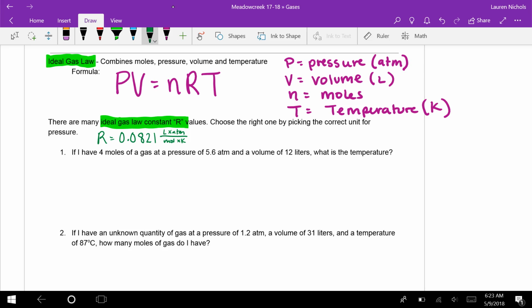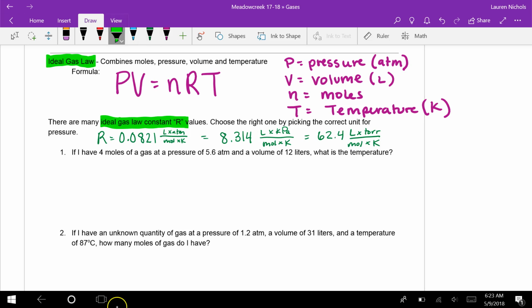But R can also be equal to 8.314, and this is for liters times kilopascals divided by moles times Kelvin, but it can also be equal to 62.4 liters times torr divided by moles times Kelvin.